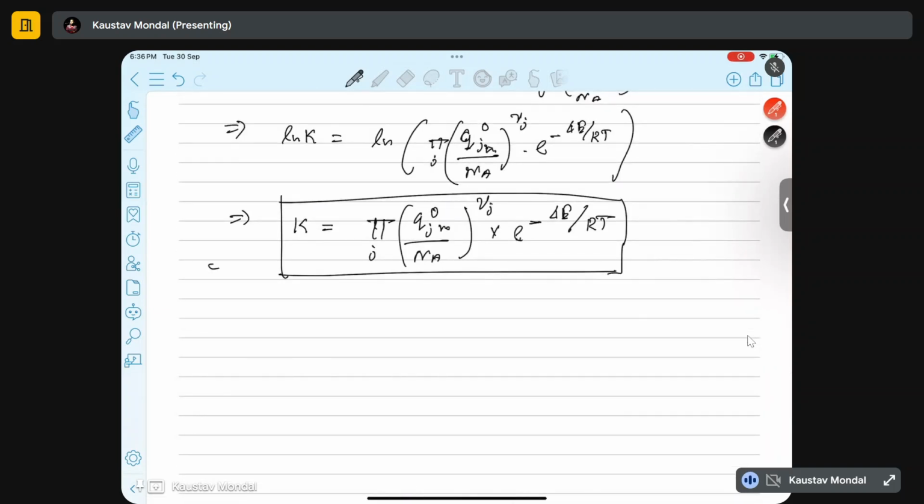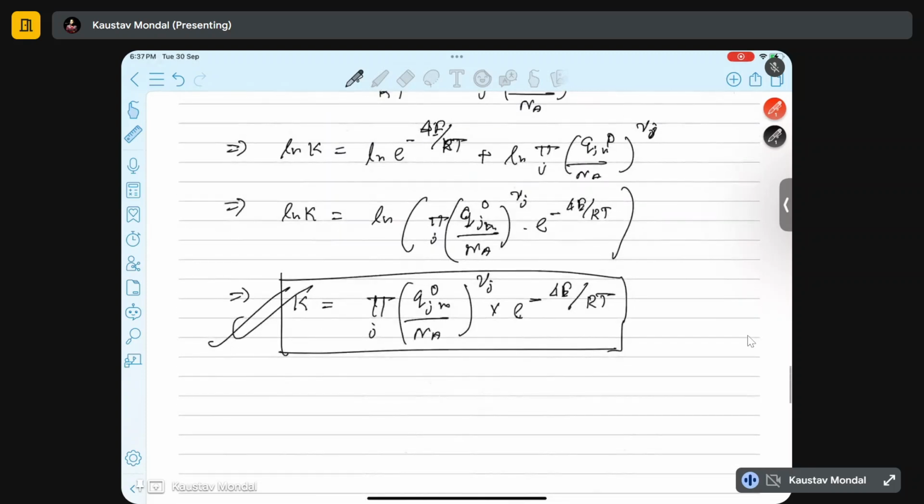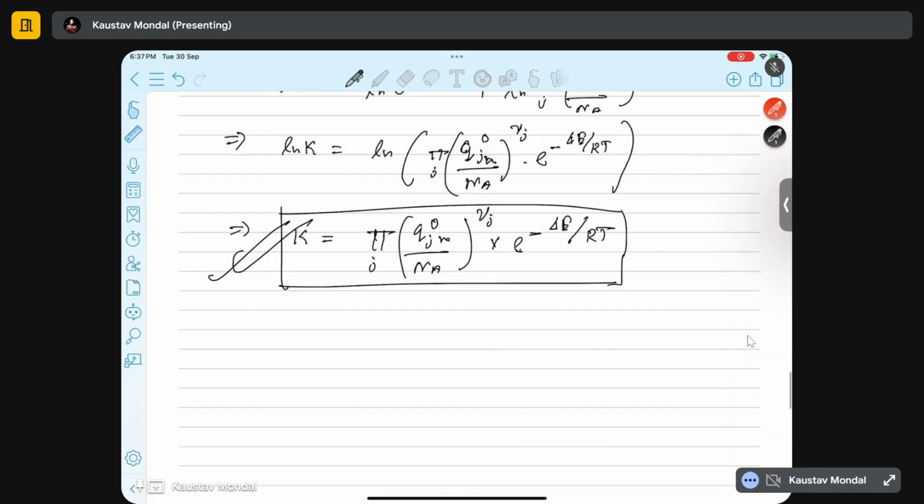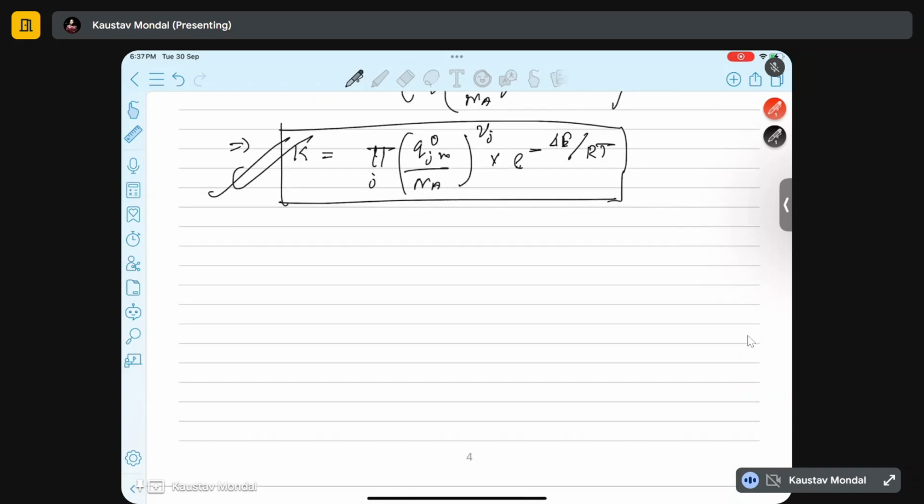We will now use this expression to solve different kinds of problems. First we will start with simple problems in equilibrium, where by calculating the partition functions of both the reactants and the products, we calculate the equilibrium constant.